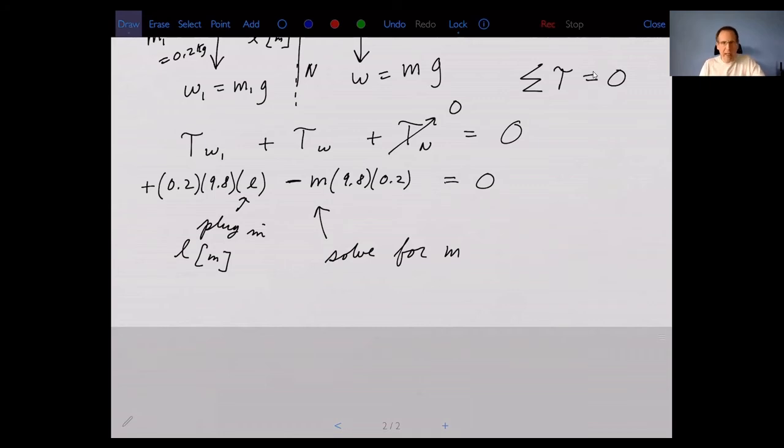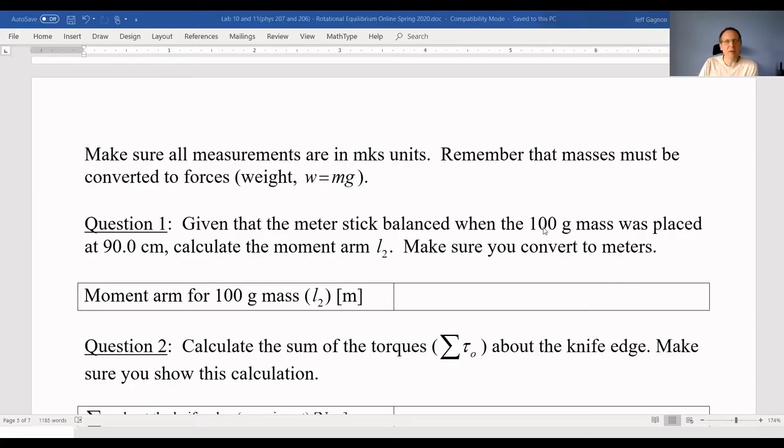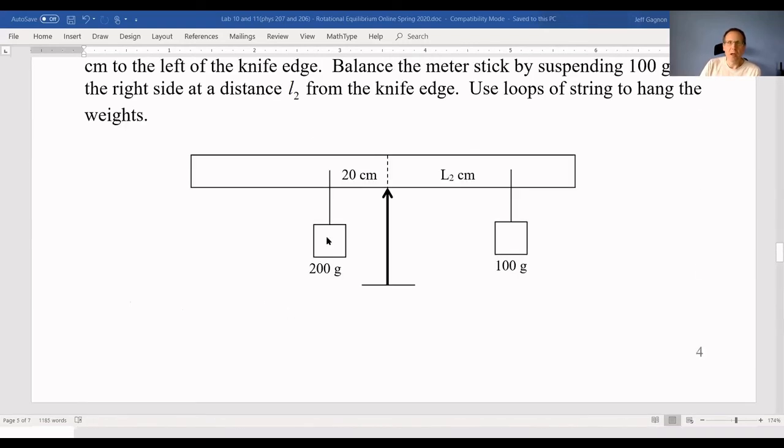All right, let me go back to the handout. Okay, so again, let me just go over this to make sure we didn't miss anything. Question one, remember this was the part where you hung 200 grams, 20 centimeters to the left of the axis of rotation, and then 100 grams at some distance L2 to the right.